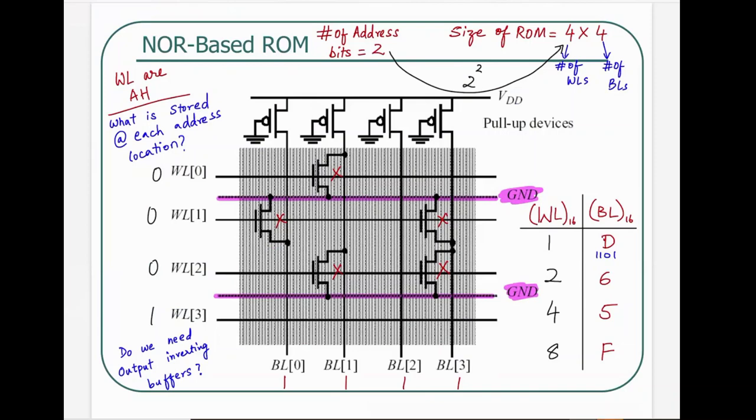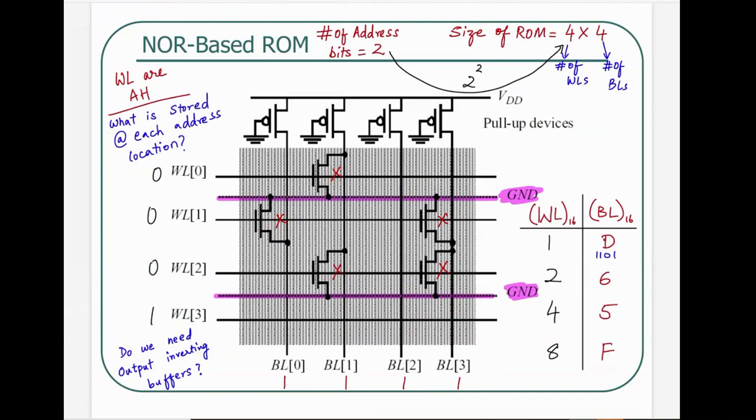Now, take a look at the example that we were just doing at the end. When you did not have any transistor, you were actually storing 4 ones, right? But if you had an output inverting buffer, then based on presence or absence of a transistor, you would store a 1 and a 0 respectively.